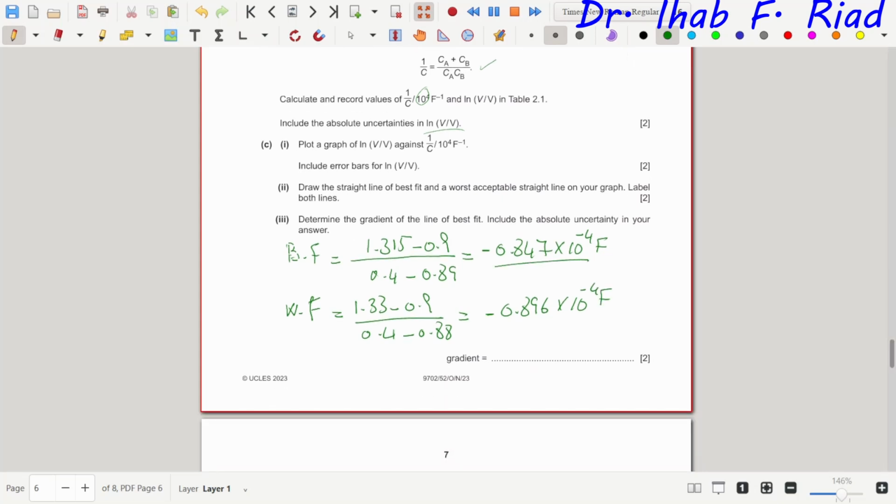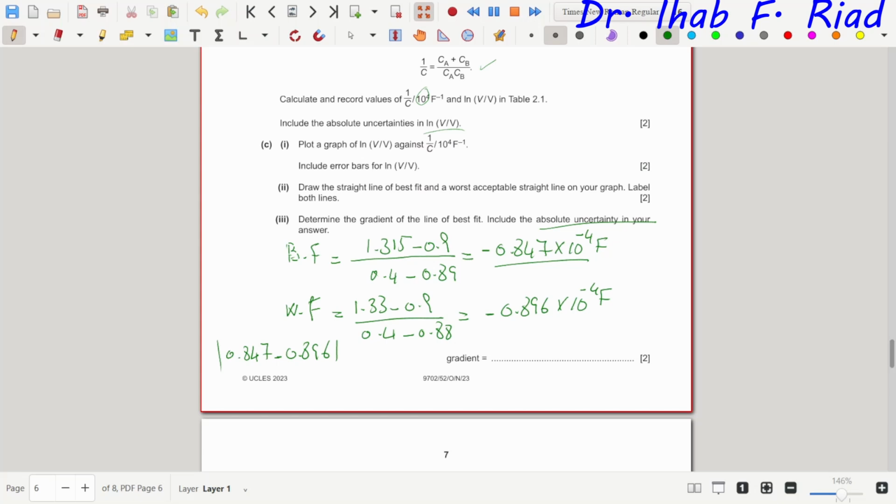I'm going to report it, including the absolute uncertainty. How to calculate the absolute uncertainty? It is the difference between the best fit and the worst fit. So it is 0.847 minus 0.896, and I don't care for the sign, whether it is positive or negative.